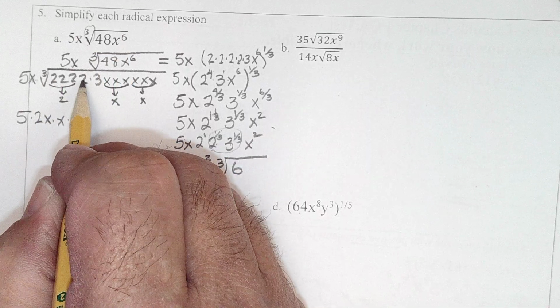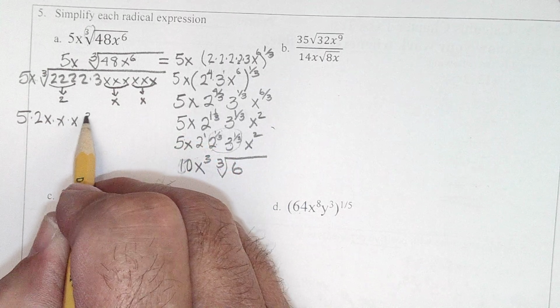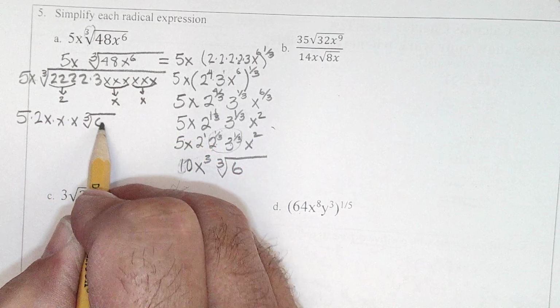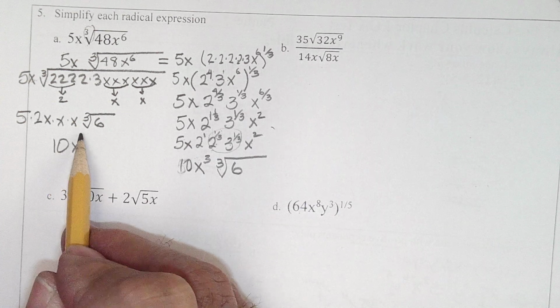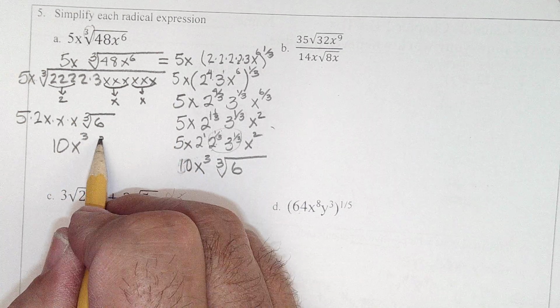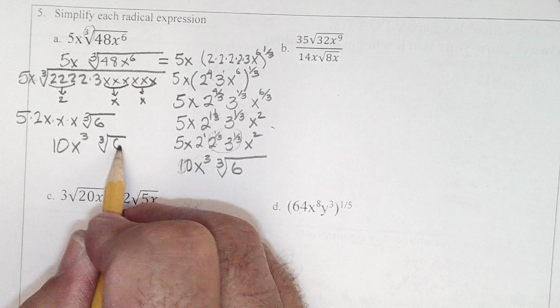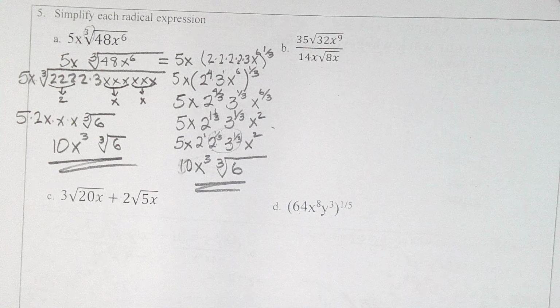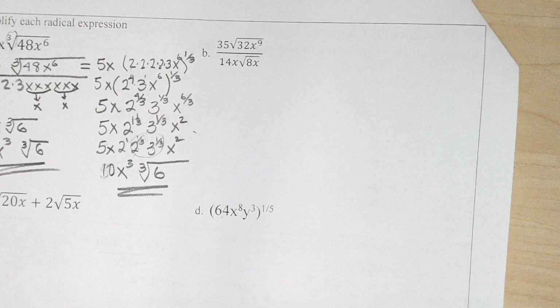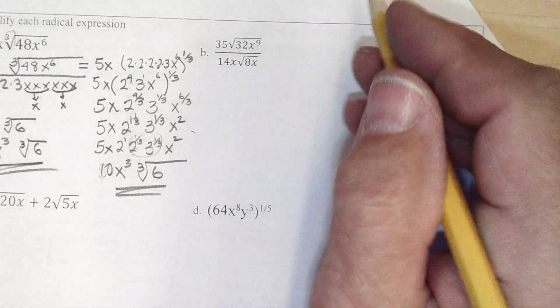Well, there's a singleton 2 and a singleton 3, so I got cube root of 6. So I got 10x to the third, cube root of 6. Not sure which way you like best. Probably neither, but I'm trying to help you see it.